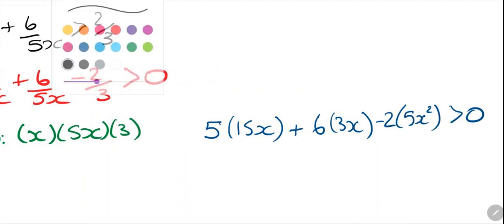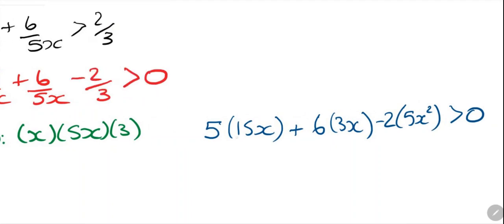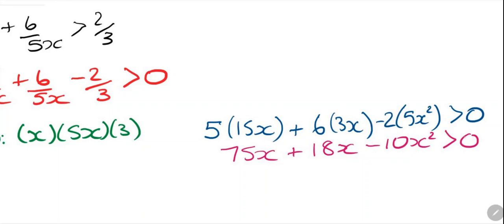So I'm just going to distribute. So 5 times 15, 75x. 6 times 3 is 18x. And we have minus 10x squared, and this is greater than 0. So collecting my like terms, 75 and 18, that's going to be 93x.